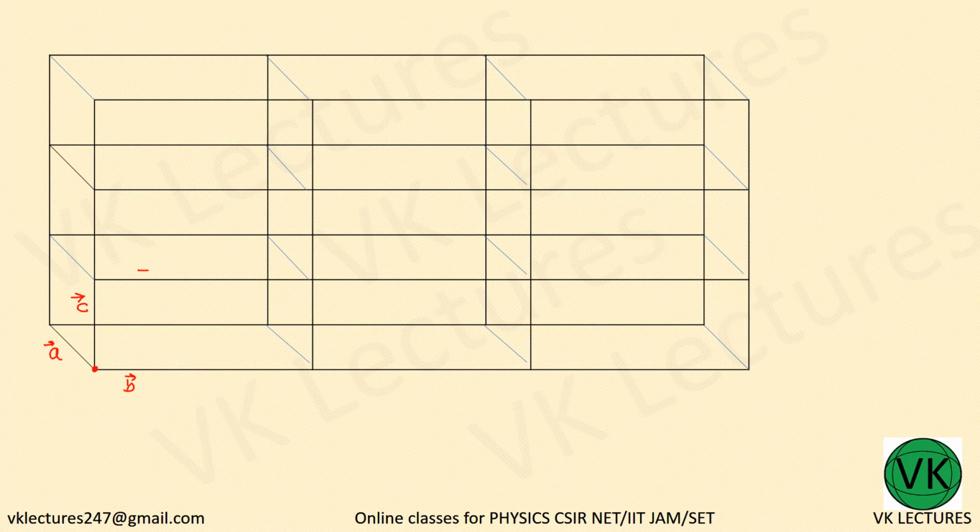Any point on this lattice, we can have the translational vector given in this form: t is equal to n1 times a plus n2 times b plus n3 times c.